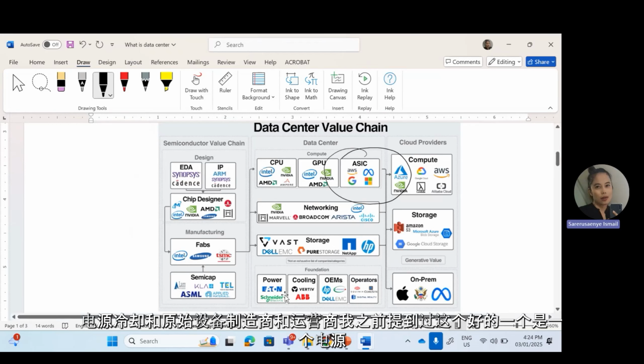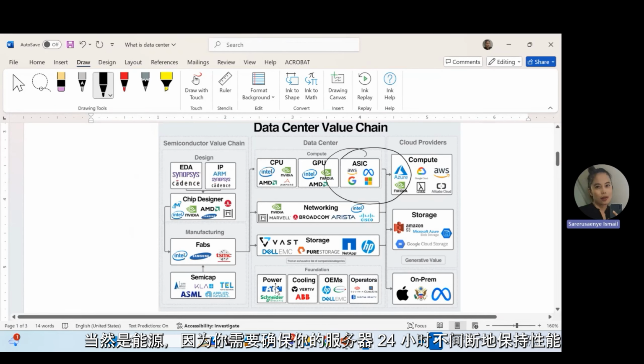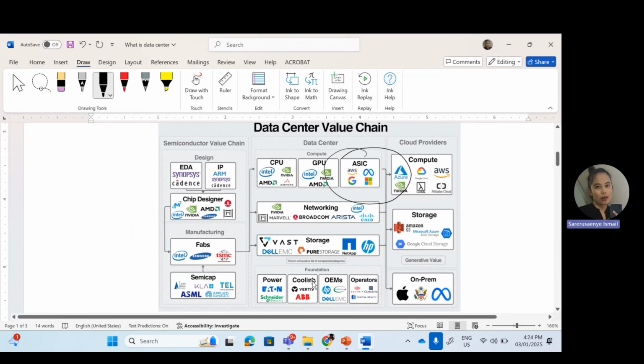I did mention this one. What is the power? Power is definitely the energy, because you need to make sure your servers keep up performance 24/7, and you also need a cooling system and backup for the equipment, manufacturing, and people doing the operations.